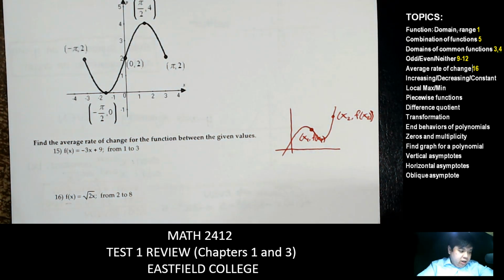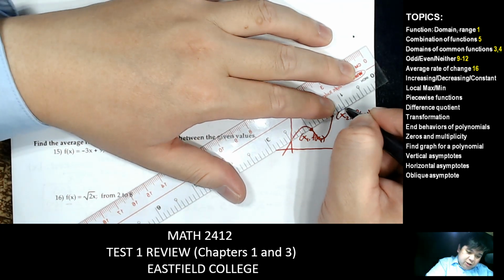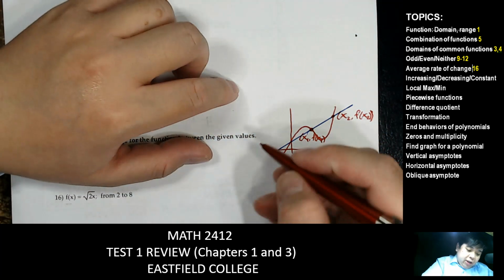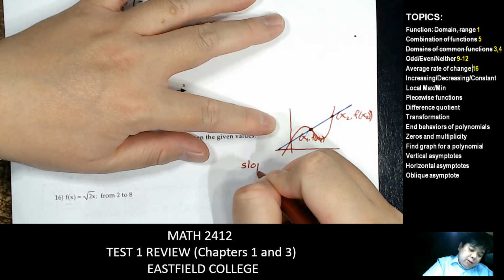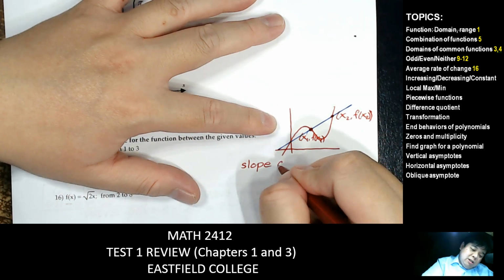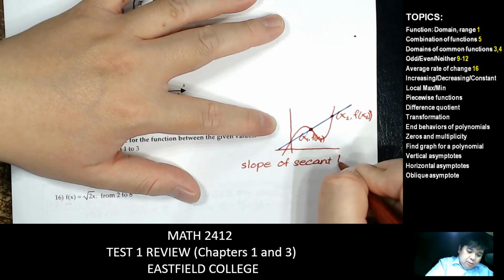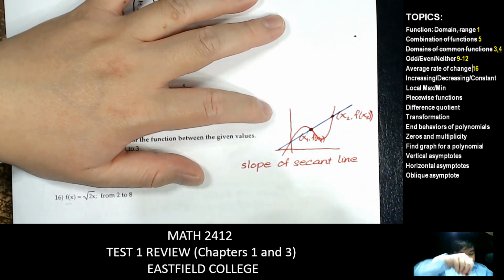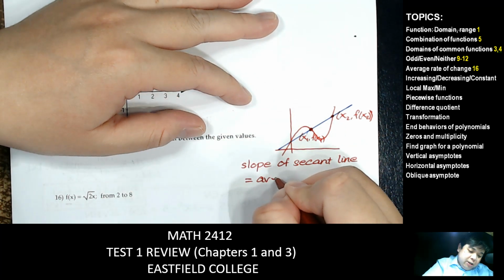And if we draw the line through these 2 points, that is called a secant line. So the slope of that line is equal to the average rate of change.